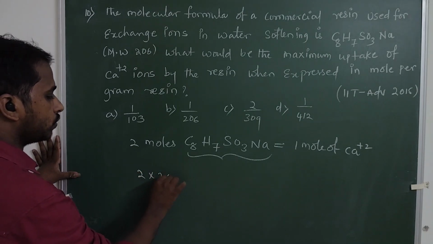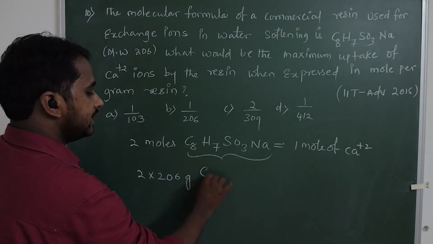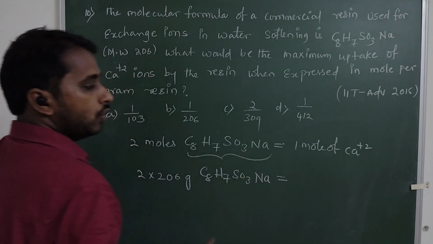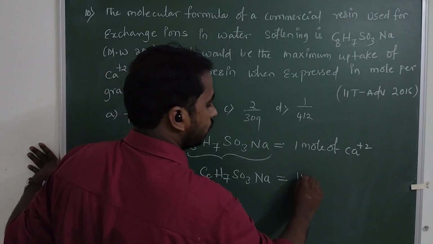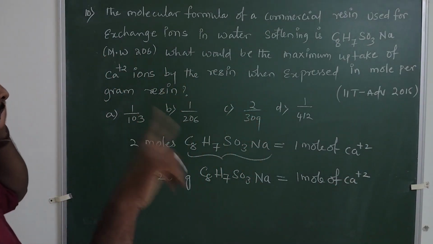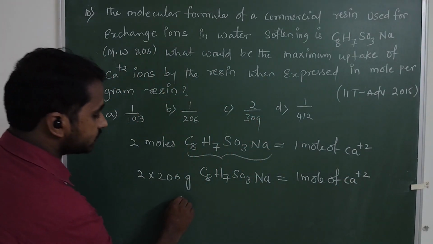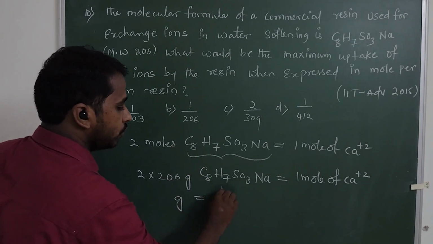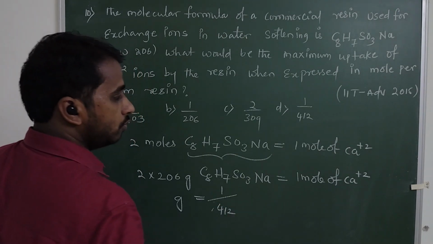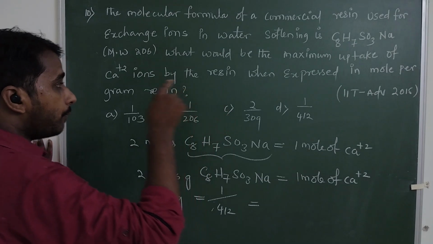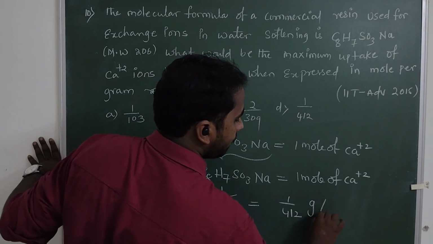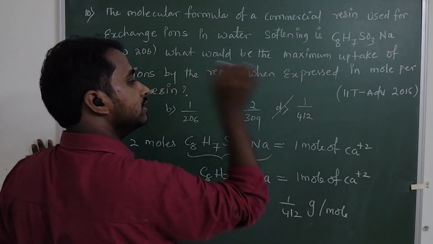So 2 into 206 grams of C8H7SO3Na is equal to 1 mole of Ca2+. They are asking in mole per gram. So here 412 grams, so per 1 gram it is equal to 1 by 206 into 2, that is 1 by 412 mole per gram of resin. So the answer is option D.